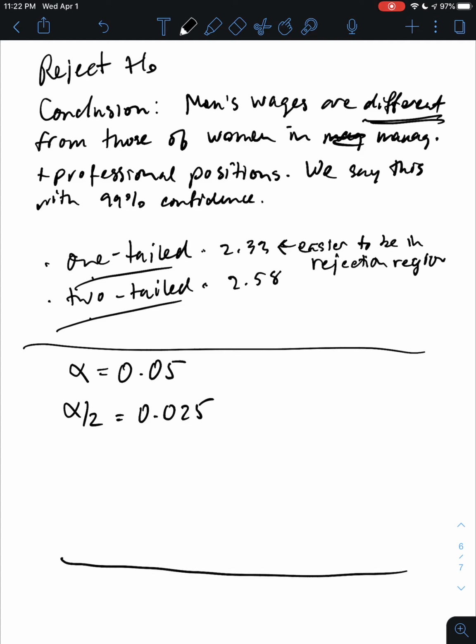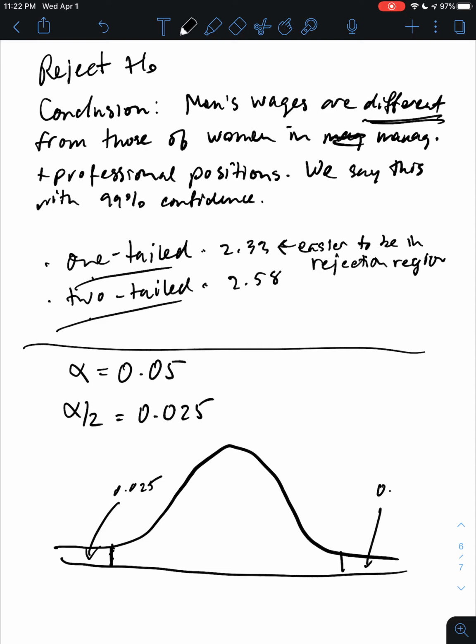and I'm going to draw my picture like I love to do. These pictures just are very rough. They don't have to be accurate, but I find them extremely helpful. And so here is 0.025, so 2.5% there, 2.5% here, and that's 95% in the middle. So this is our acceptance region. Always contains 0, a z value of 0.